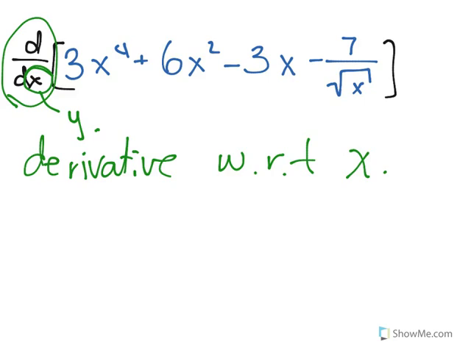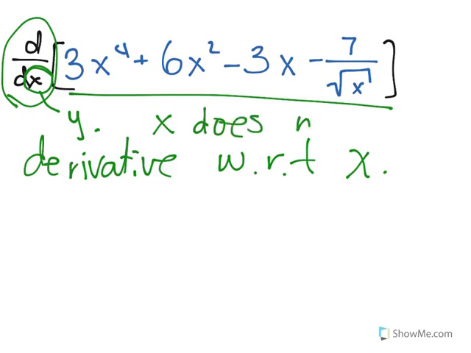In this case, since we don't have a y here, we can just think of everything here as a constant, because as far as we know, x does not depend on y. Unless we are told otherwise, we would have to substitute. But let's say that x does not depend on y.